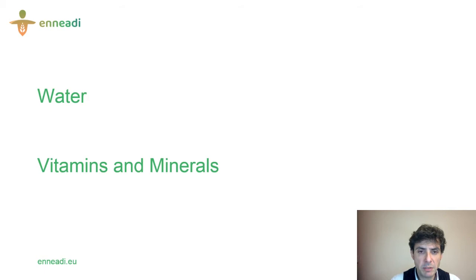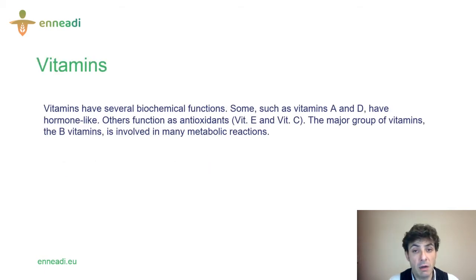About vitamins and minerals, we know that they are non-caloric, essential nutrients. If we talk about vitamins, we know that they have several biochemical functions. Some of them, like vitamin A or D, have hormone-like activities.